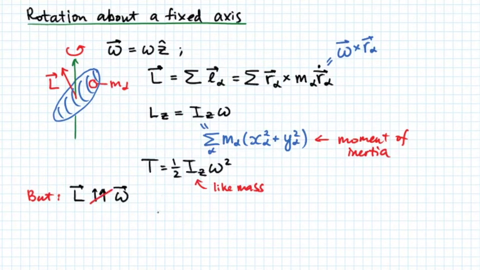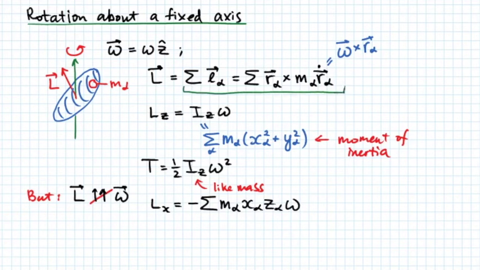This is because we also have x component of the angular momentum, which will simply be given by the sum of m alpha times x alpha times z alpha times omega, from the definition above, where of course x and y coordinate system is perpendicular to z, which we can write as I sub x omega.